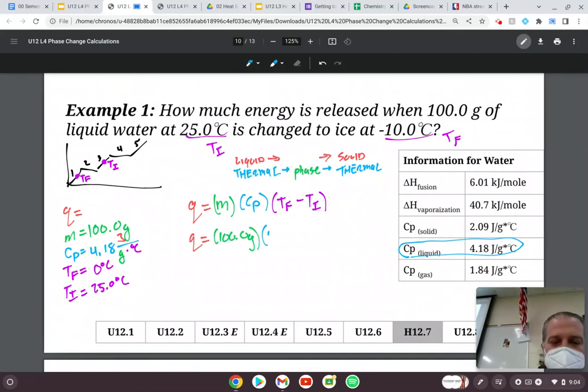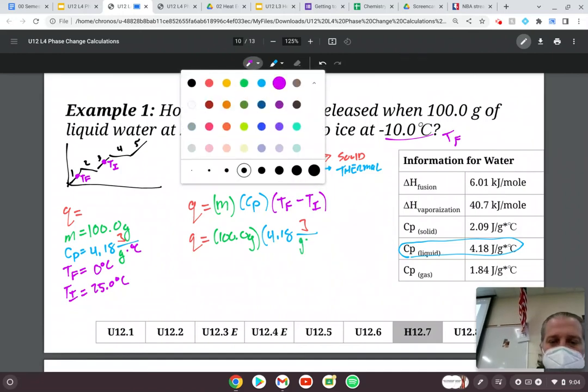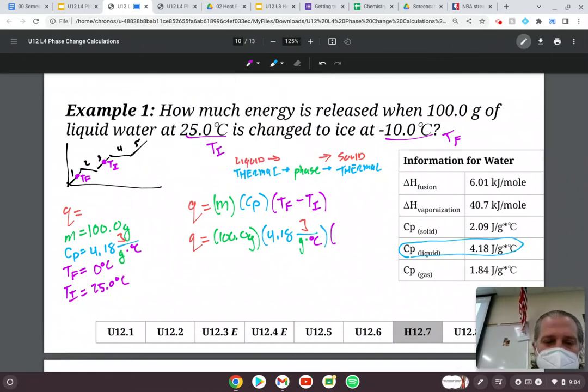The specific heat is 4.18 joules over grams over degrees Celsius. And my change in temperature here is going to be 0 degrees Celsius minus 25 degrees Celsius.